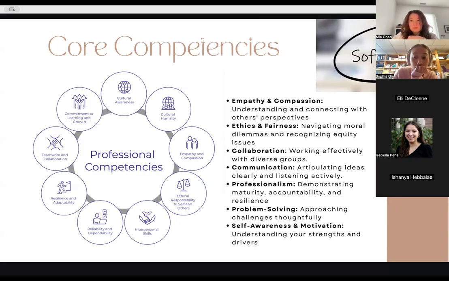So if we look at these professional competencies, we can kind of see an outline of what they're hoping to get out of these types of tests, right? So things like empathy and compassion, ethics and fairness, collaboration, communication, problem solving, etc. So those are the things that they are looking for in these types of tests.